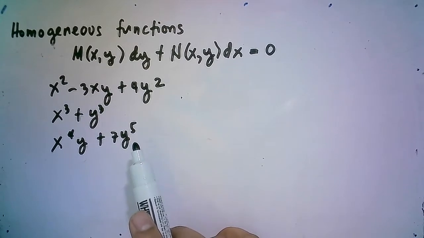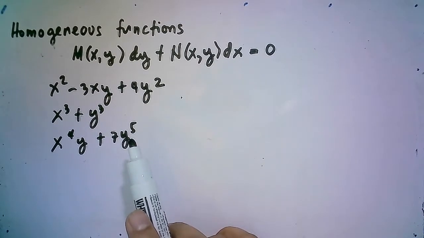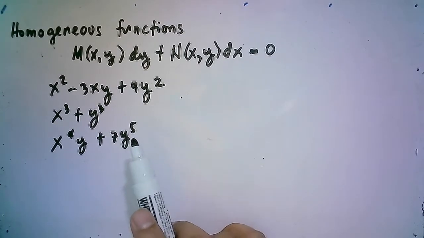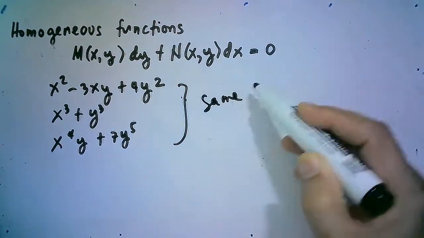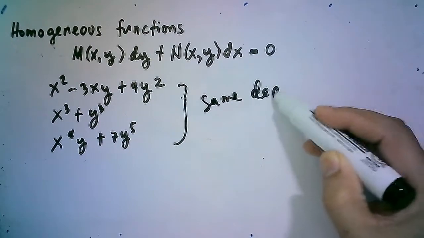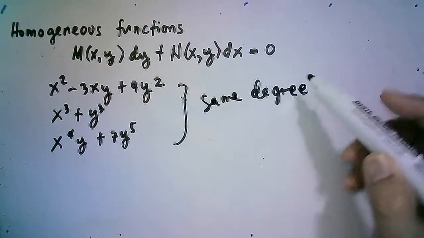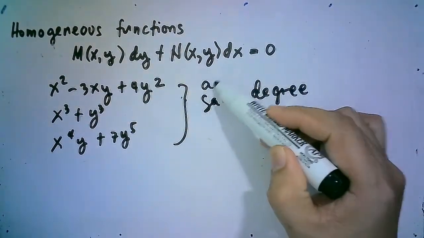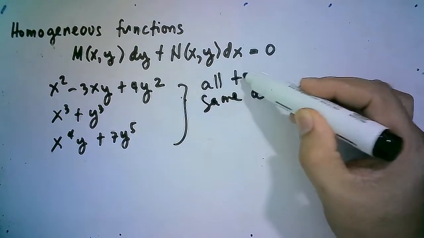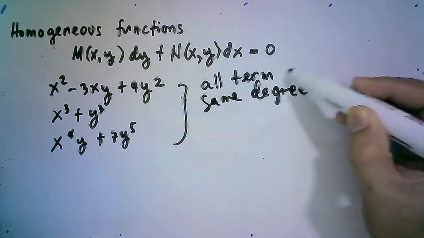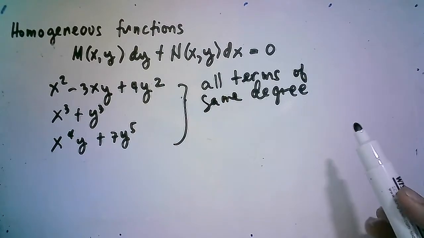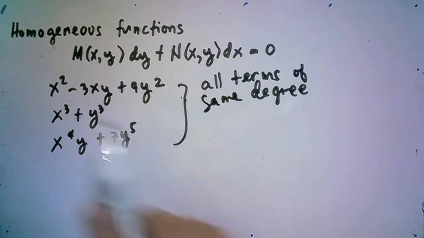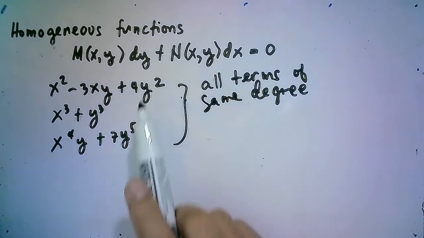So, polynomials in which all terms are of the same degree, okay, we say all terms of same degree are called homogeneous functions.